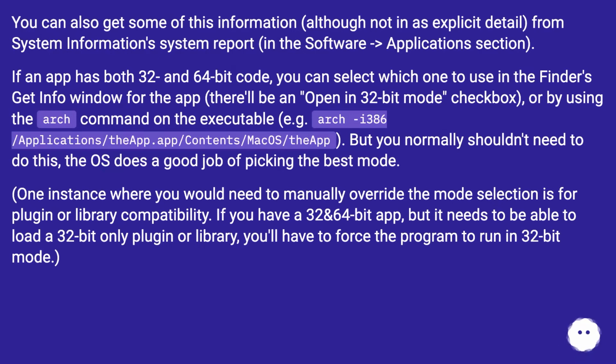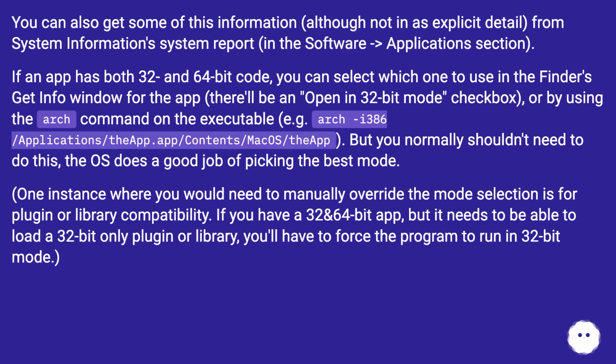If an app has both 32 and 64-bit code, you can select which one to use in the Finder's Get Info window for the app. There'll be an Open in 32-bit mode checkbox, or you can use the arch command on the executable, e.g. arch -i386 /Applications/app.app/Contents/MacOS/app. But you normally shouldn't need to do this. The OS does a good job of picking the best mode.